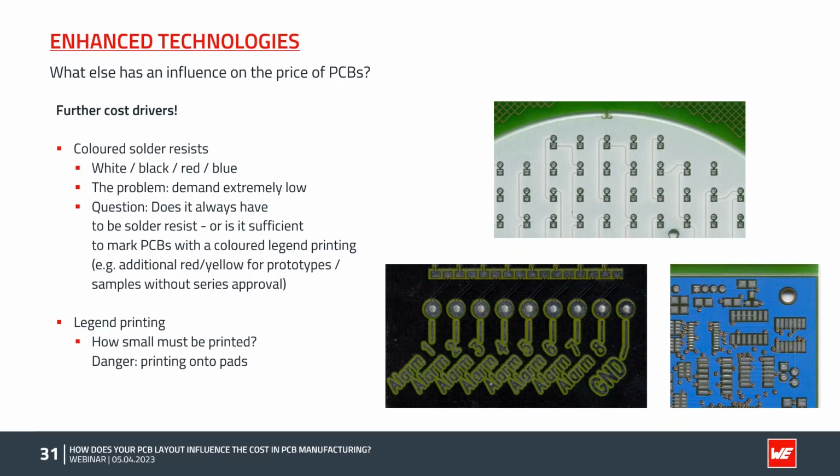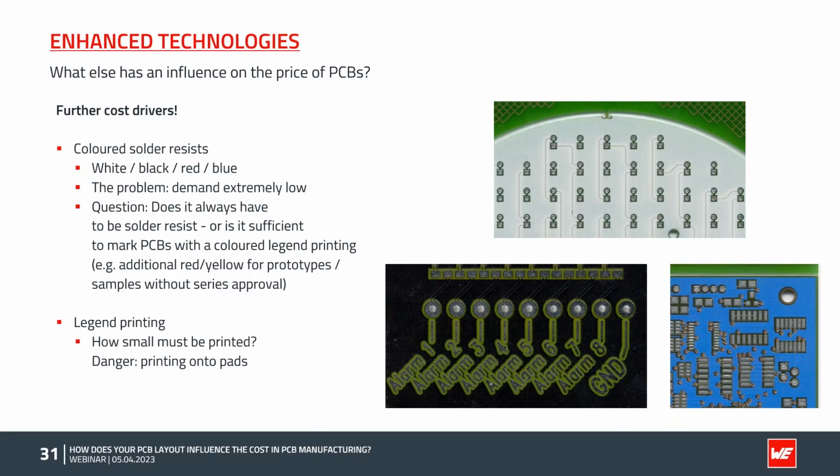I did already mention the legend printing. Another thing here is how small does it need to be printed? There are limits here as well. Maybe even your system cannot read it afterwards, but we need to have a resolution so that we can print it. But ask yourself, how small does it need to be? Or do you even need it?